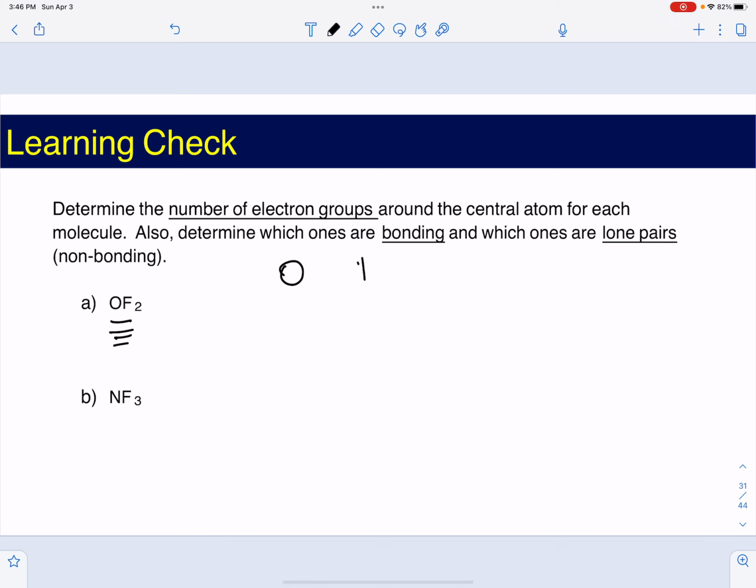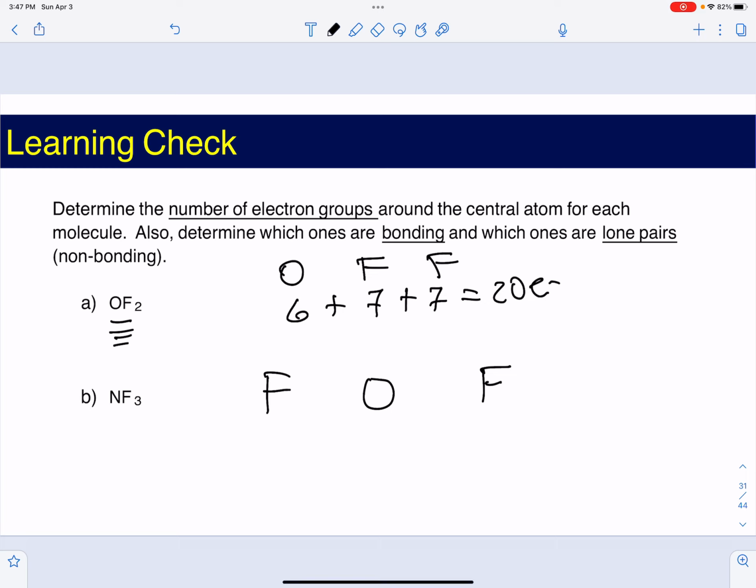So 1 oxygen, 2 fluorines, 6 plus 7 plus 7, that's 20 electrons. So oxygen goes in the center. By symmetry, we put the fluorines there, and then we put 20 electrons on it. 2, 4, 6, 8, 10, 12, 14, 16, 18, and 20.